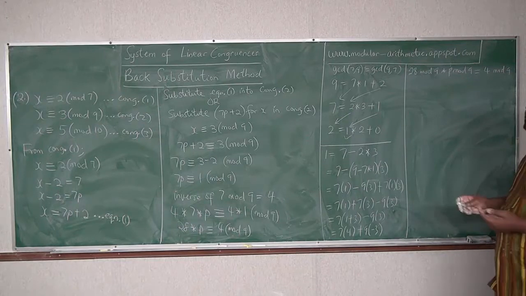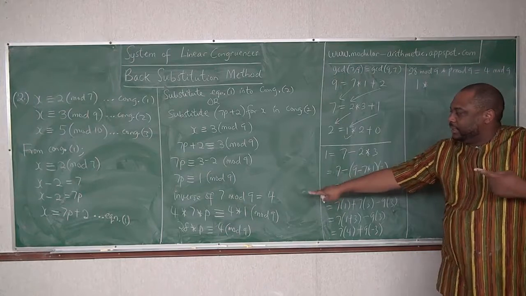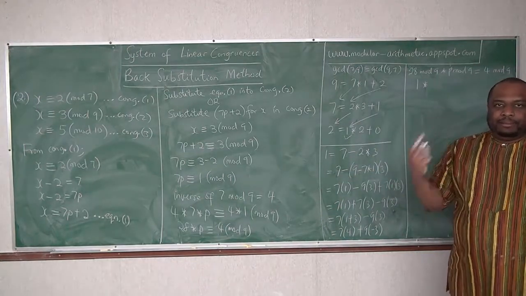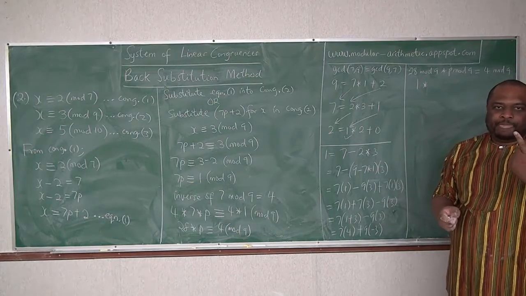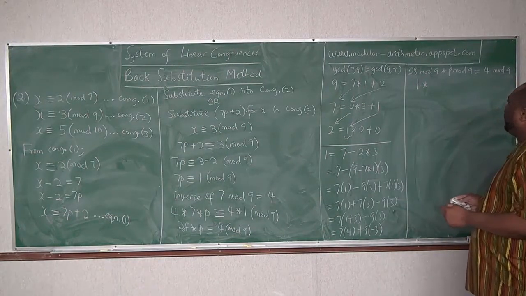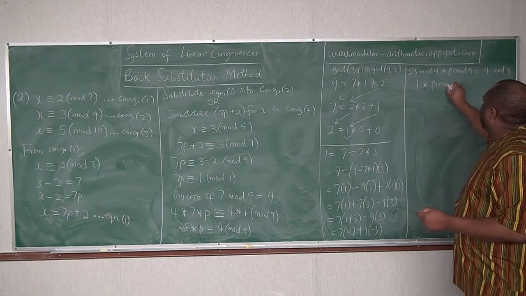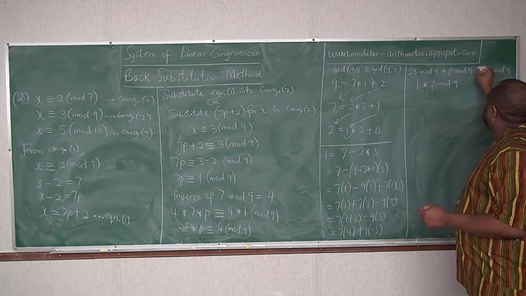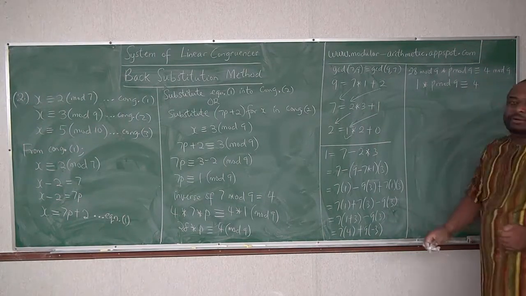28 mod 9 is 1, because that is the essence of multiplying by the inverse. So we can now have 1 here. 1 times P mod 9 is congruent to 4. 4 mod 9 is 4.